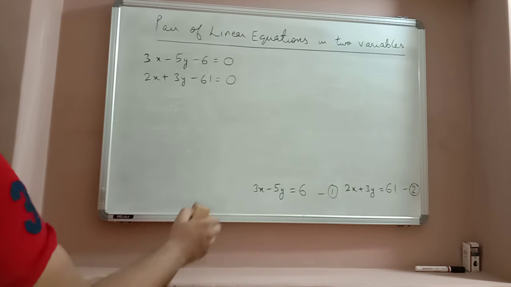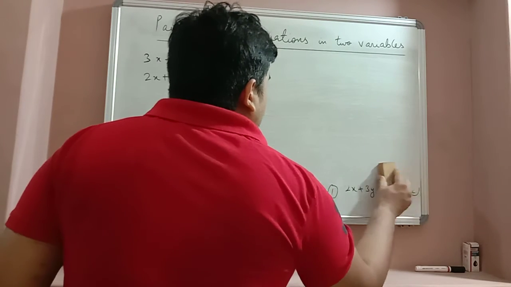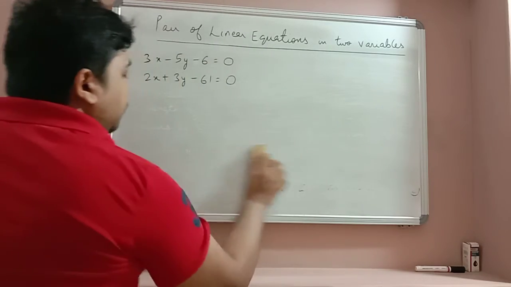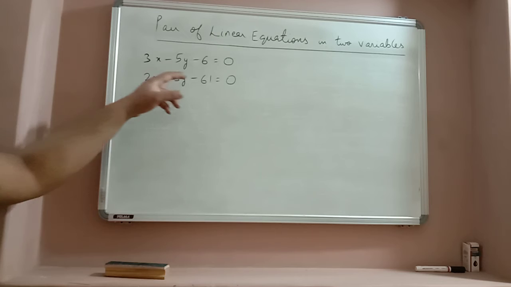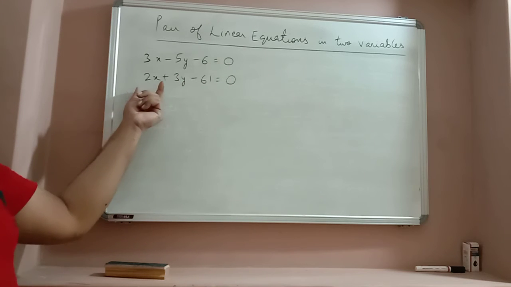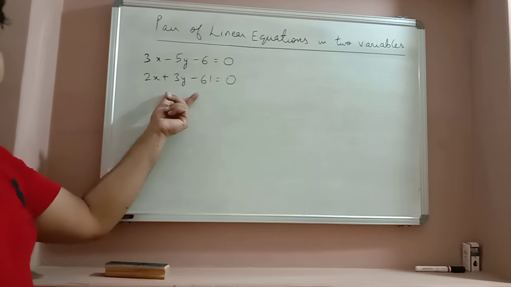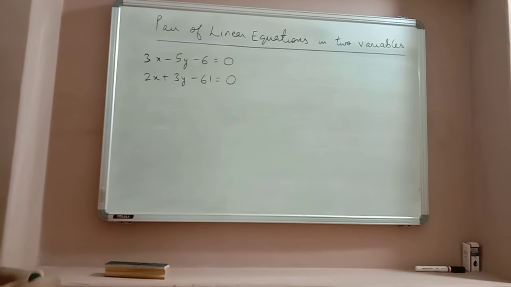Alright, so let's write down both the equations in the general form. The equations are 3x minus 5y minus 6 equals 0, and the second equation is 2x plus 3y minus 61 equals 0.